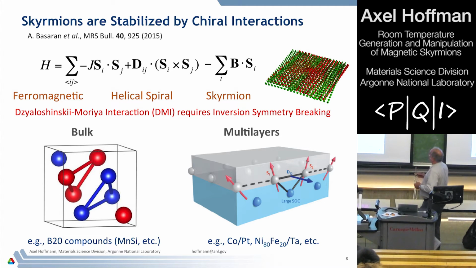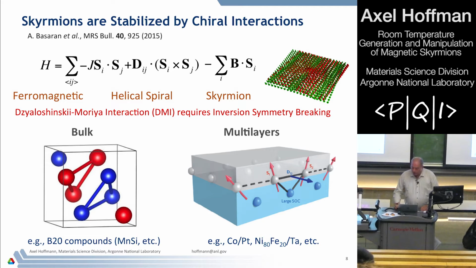To see this, let's start with something that we're all familiar with, a simple Heisenberg ferromagnet, where the interaction between neighboring spins is just given by this dot product, and you have one constant that describes the exchange strength here. If this is positive, we know what happens. All the spins line up parallel to each other, and you get a fully ordered ferromagnetic state.